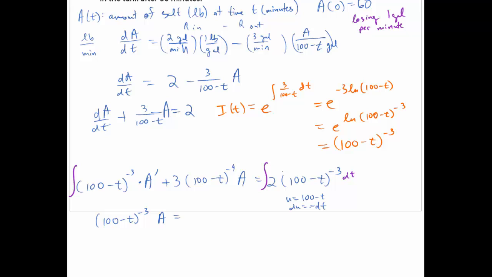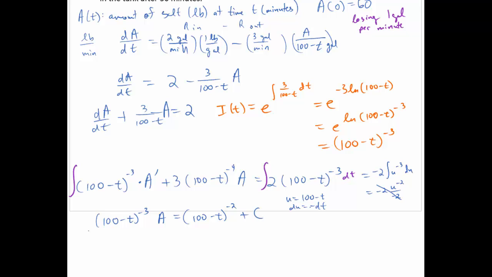So we would need a negative and another negative on the outside, so this ends up being negative 2 times the integral of u to the negative third du. And so then that would be negative 2 u to the negative second over negative 2. Those go away. So that would end up being 100 minus t to the negative second plus a constant.